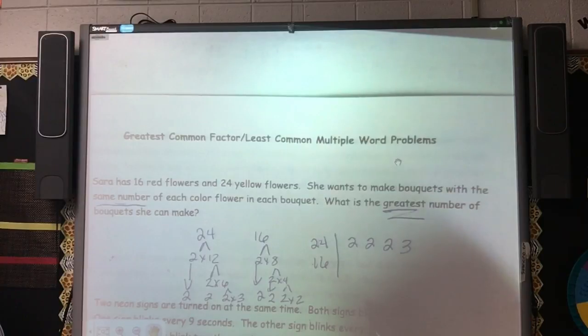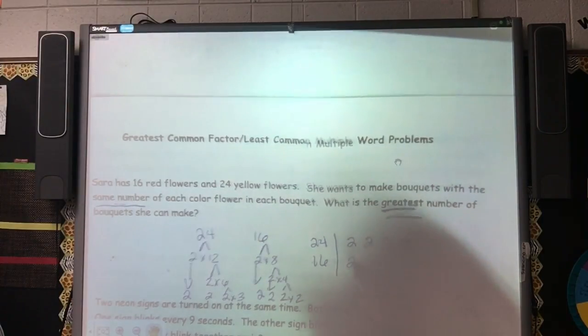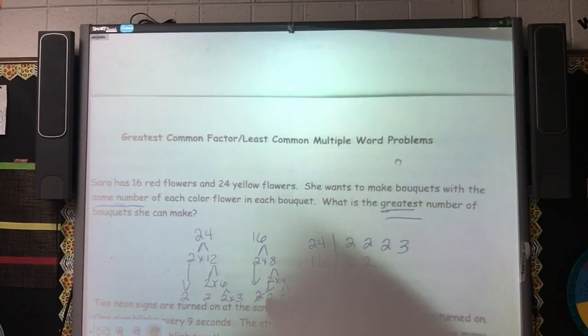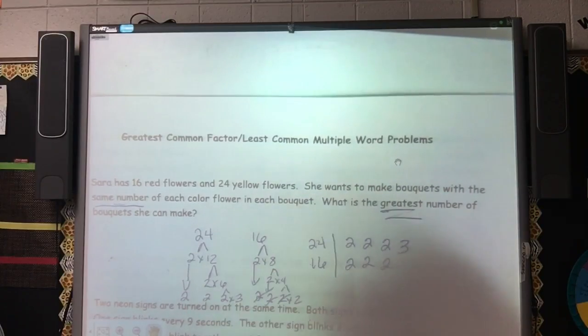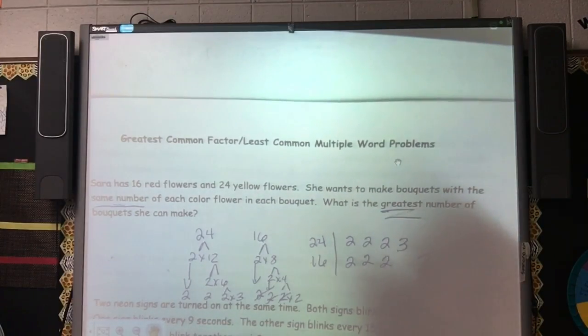And 16 gets 2, 2, 2, and 2. I have another 2 and no 3, so that one's got to go over here by itself.